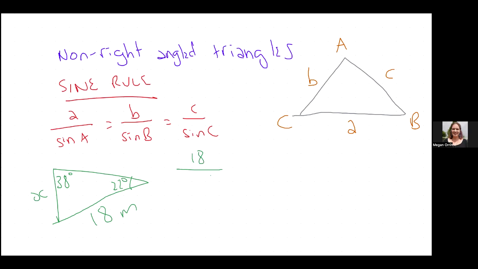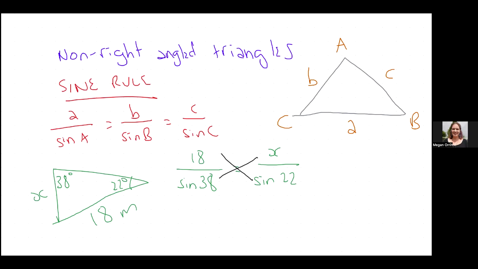Sine 38, good. Actually, some people did that last week. They were just writing 18 over 38 and then getting a bit confused. Don't forget your sine. 18 over sine 38 and X over sine 22. All right, what do I do now? Cross multiply. Excellent. So then some people were getting fractions when they did their cross multiplication.